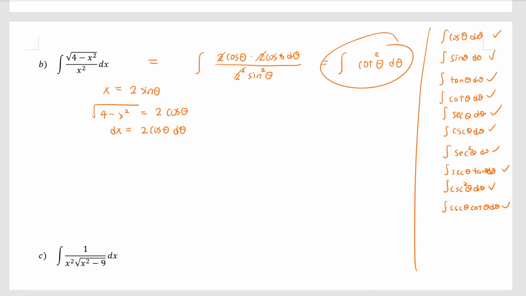So these are the ones we know how to integrate. This one, we don't have a formula for, so try to relate it to one of these. Which one can we relate? Do you know the trig identity involving cotangent squared? Cotangent squared plus 1 is cosecant squared. That is related to cosecant squared, which we know how to integrate.